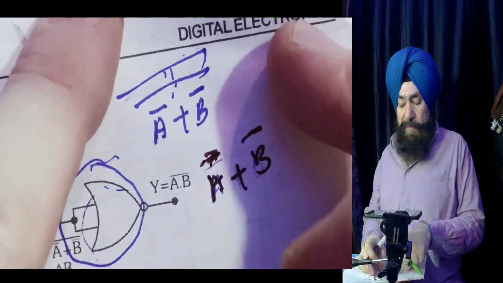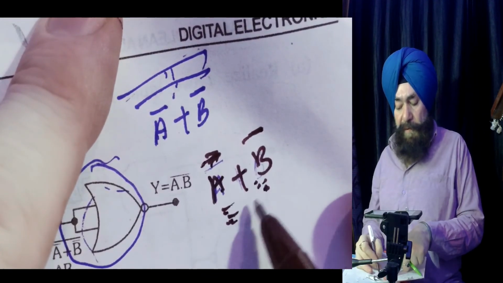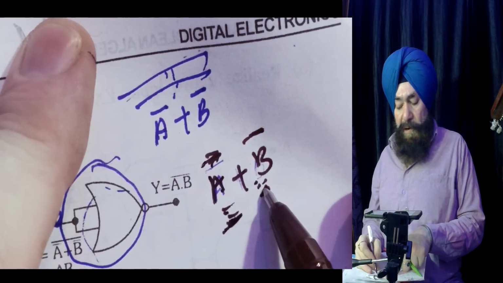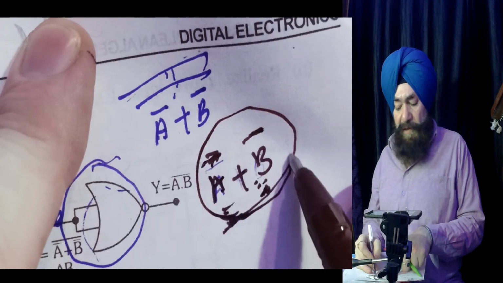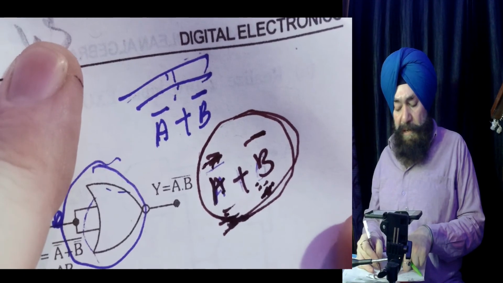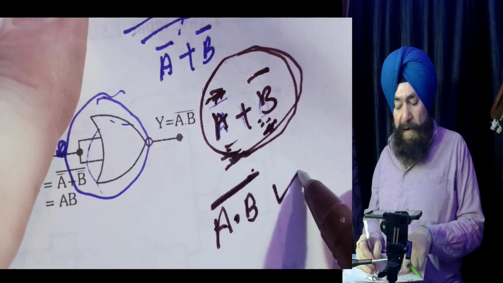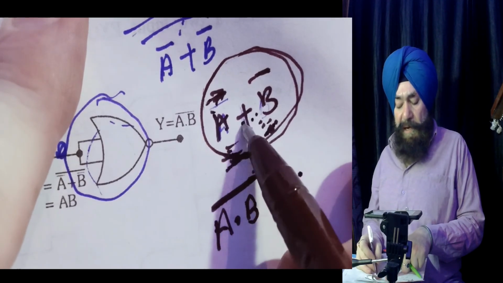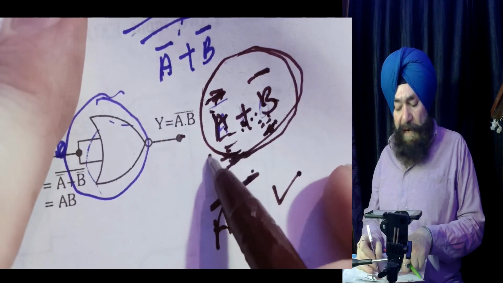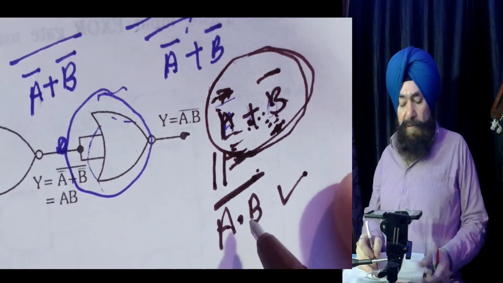So this is a bubbled NOR gate. Okay, this is a bubbled OR gate, and at the start of the video I proved that a bubbled OR gate is actually a NAND gate. You are getting the logic here, bubbled OR gate, and because it equals a NAND gate, we have a NAND gate.